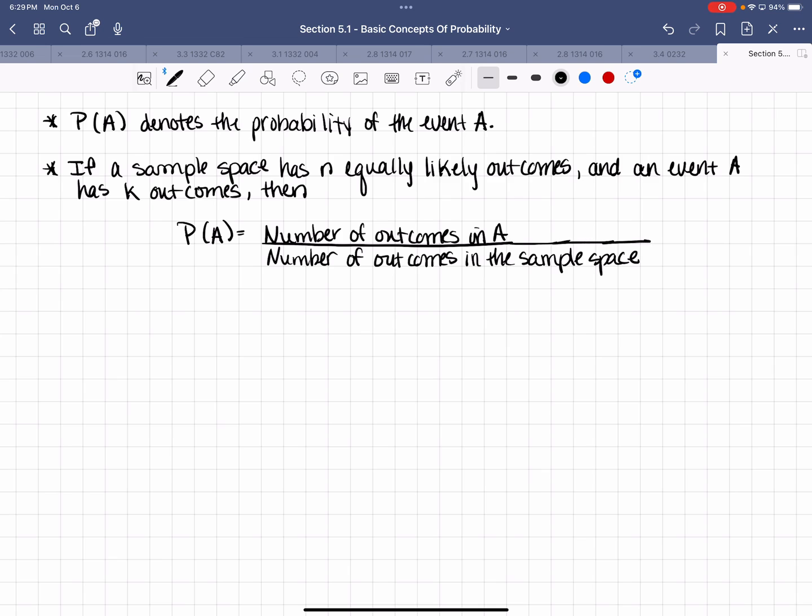And that's a very wordy way to define probability. It's a lot easier if we just work an example. So, let's look at example 2.